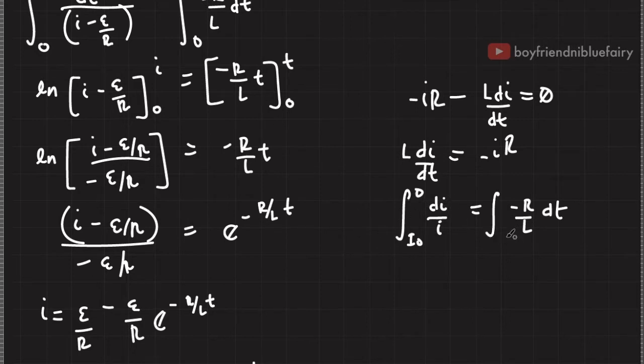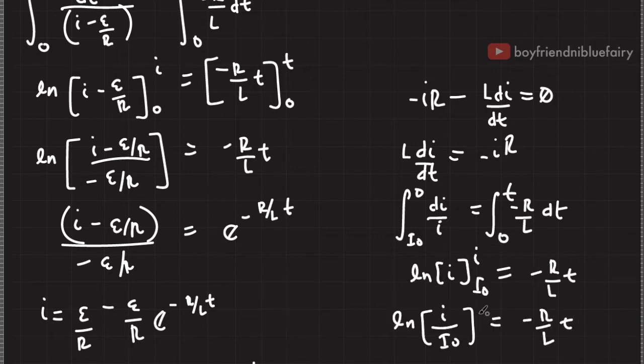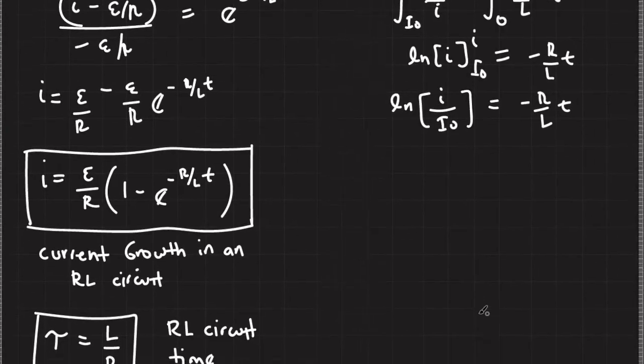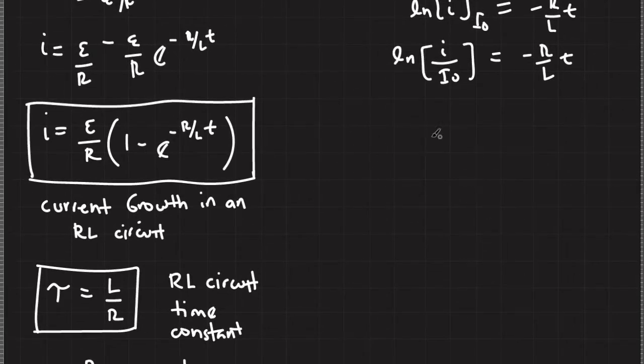And this is evaluated from time equals 0 to t. And this is our expression for current when we have just a resistor and an inductor in a circuit with an initial current, I sub 0.